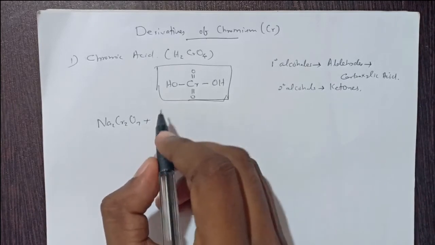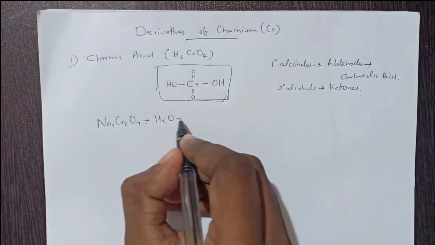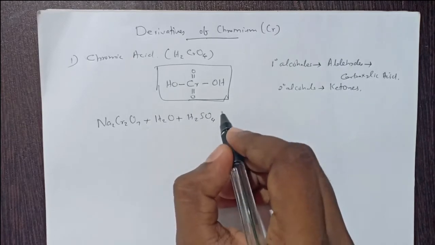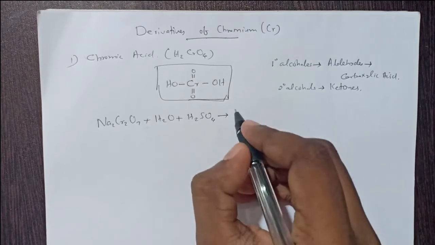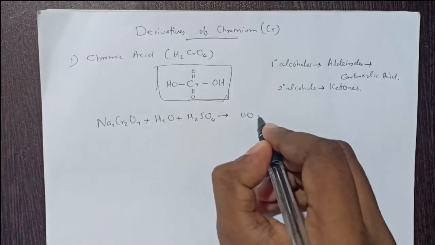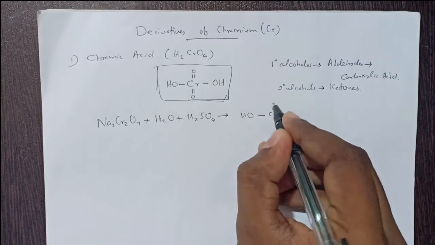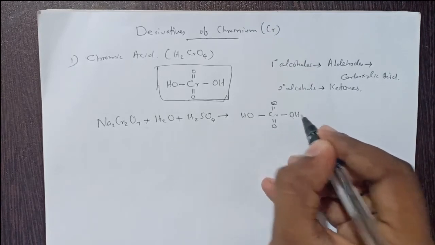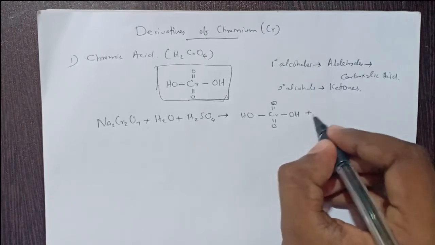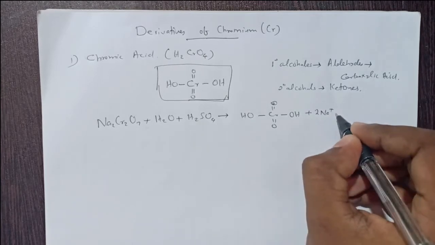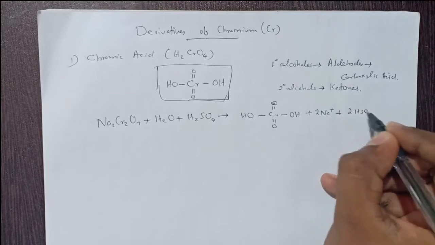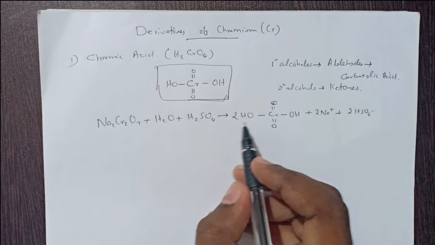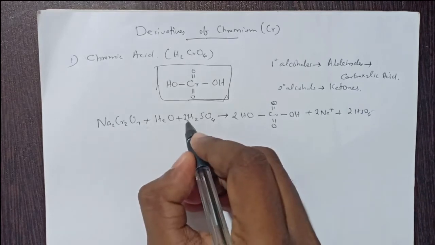On mixing with water and sulfuric acid H2SO4, you will get the chromic acid reagent: OH, Cr double bond O, OH, that is chromic acid, plus 2Na+ and 2HSO4-, balancing the equation.